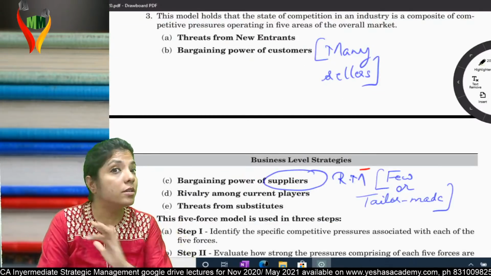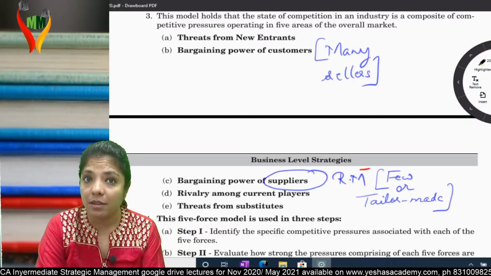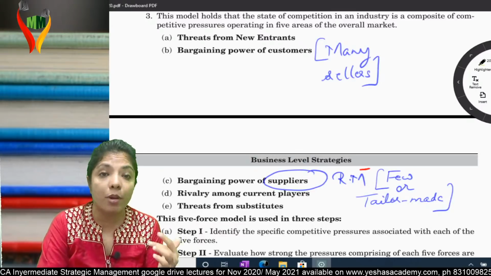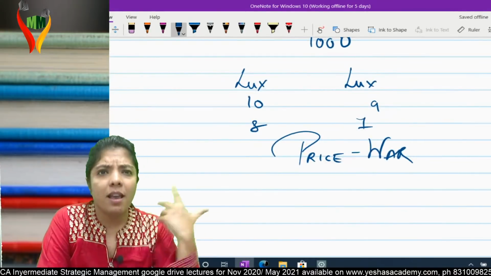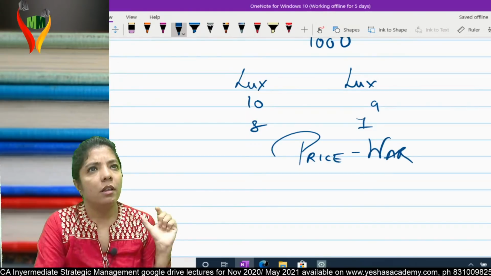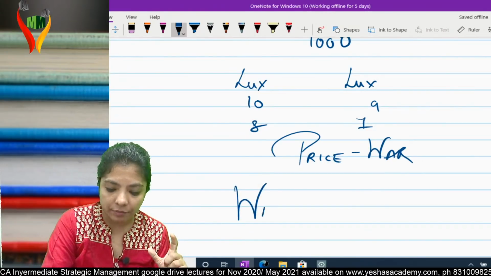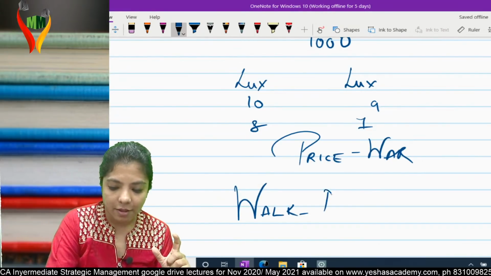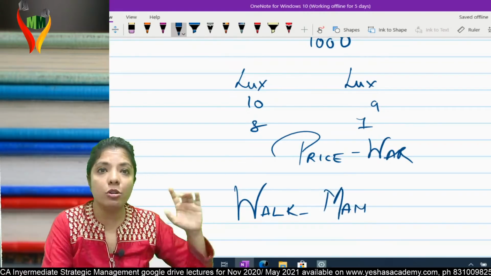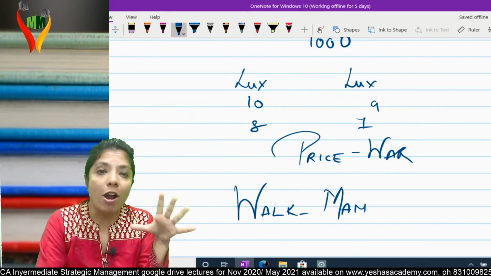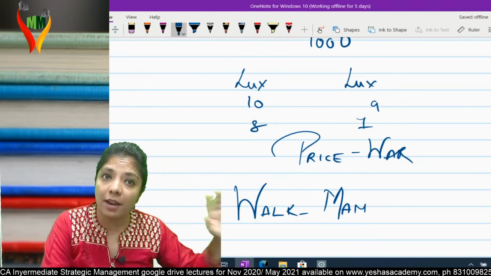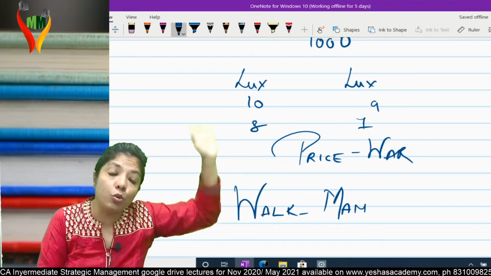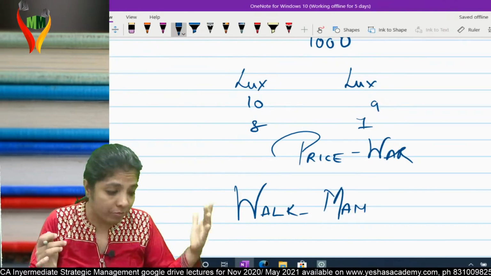Understand? Substitute does not mean the same product, but it means the same function. For example, I don't think you have heard, but there was something called Walkman. I remember when we used to go out on trips, the Walkman was basically to listen to music. We would 100% keep a Walkman in our luggage, two hours, two days traveling in a train. What to do? Listen to music.